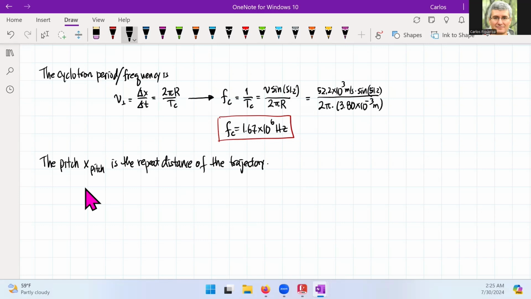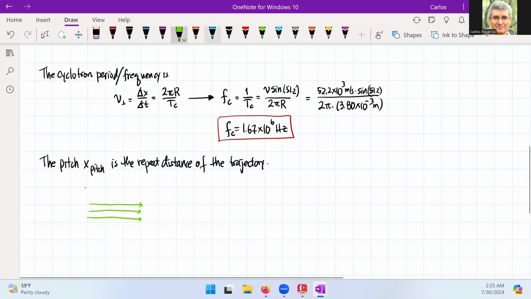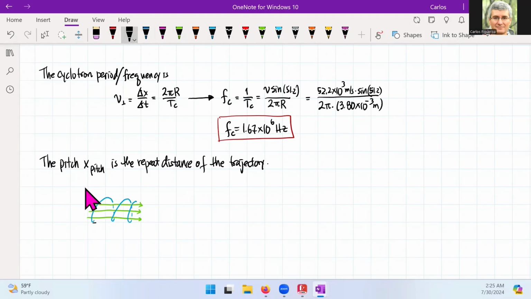So if I look at my magnetic field, and I know that this electron is wrapping itself around these field lines, we are trying to calculate this distance from here to here.